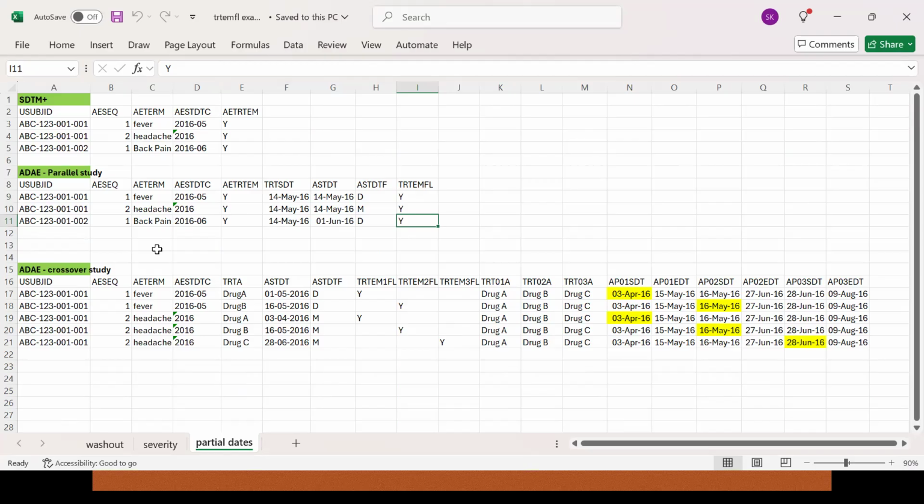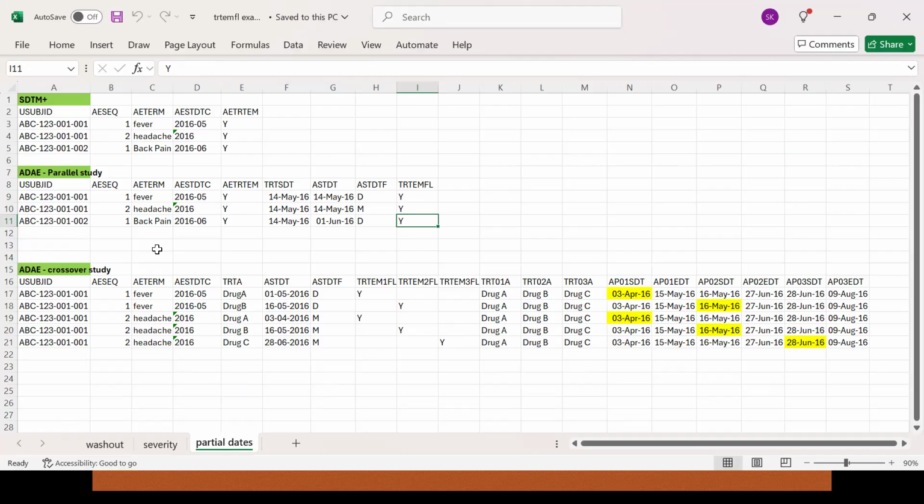So in crossover study, we know that based on the number of periods in the studies, each period will have a different drug assigned to the subject. So each drug will have its own start and end date, which will give us multiple treatment start dates in the crossover study.